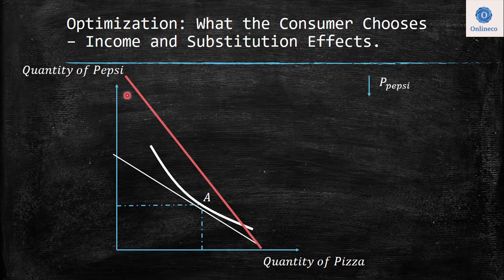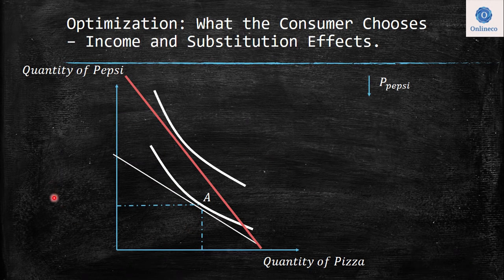Because of that you can consume more Pepsi, and the budget constraint moves out, giving you the possibility to reach a higher bundle of Pepsi and pizza. So you are better off definitely, because this triangle you didn't have before, and now you do, right?